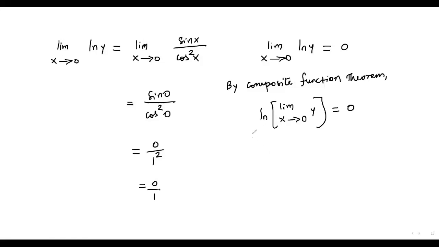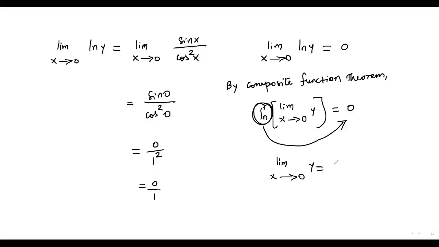But before that, I think we can do one more step. We have this equation in logarithmic form. It can be converted to exponential form. If I move this natural logarithm to the other side of the equation, we just have to consider the base of this natural logarithm.